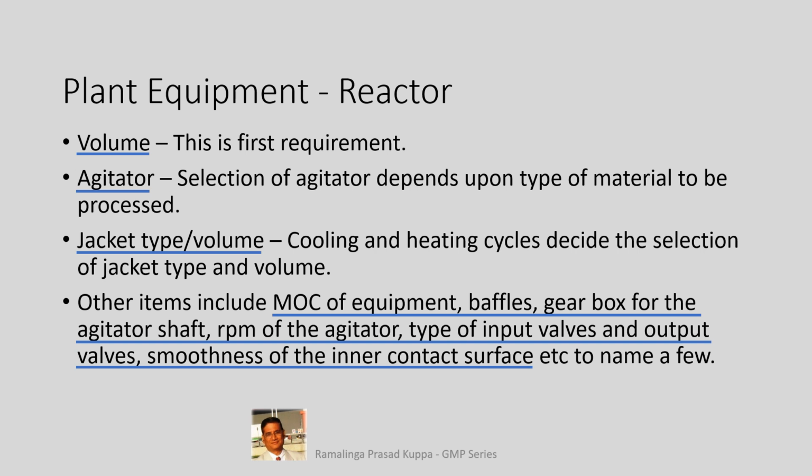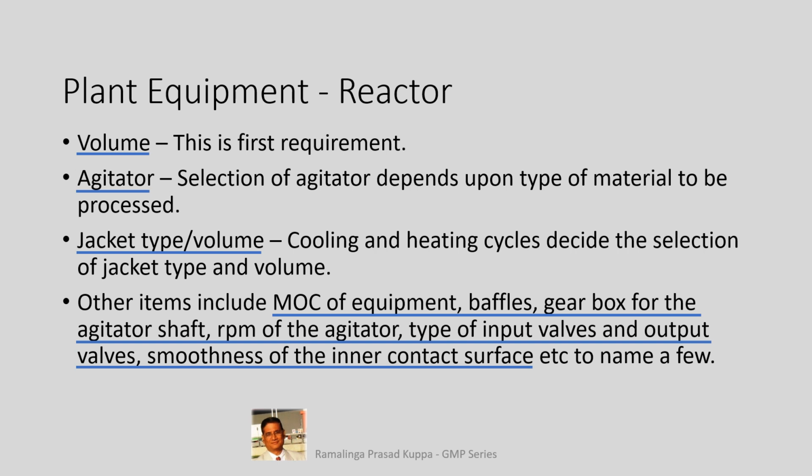Material of construction, MOC, depends totally on the type of reaction inside the equipment. Highly acidic reactions can be carried out in glass-lined reactors. Stainless steel reactors may not be suitable for such acidic reactions. Similarly, highly alkaline reactions are conducted in stainless steel reactors.